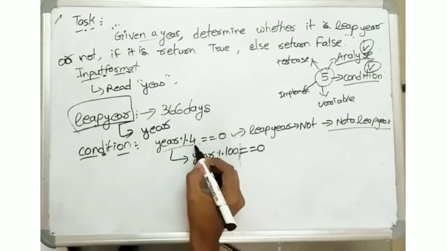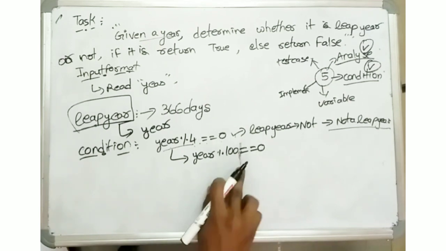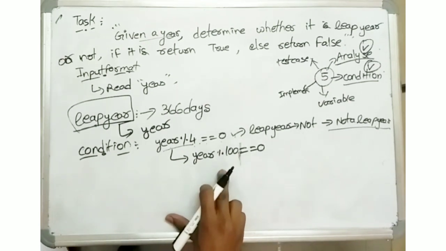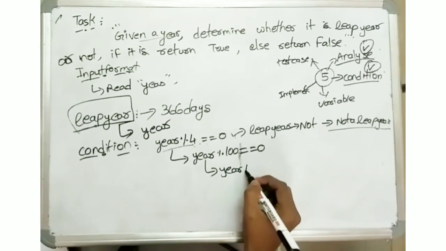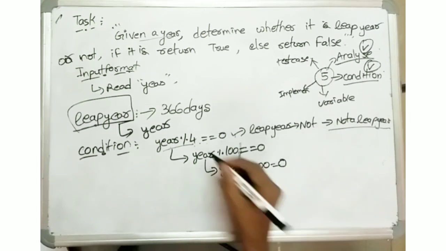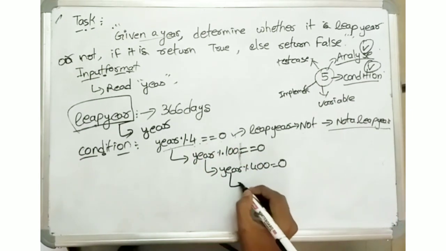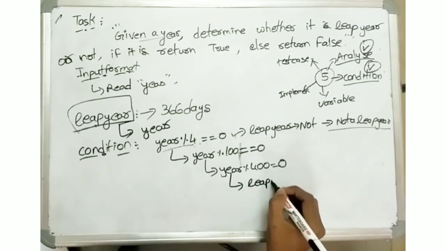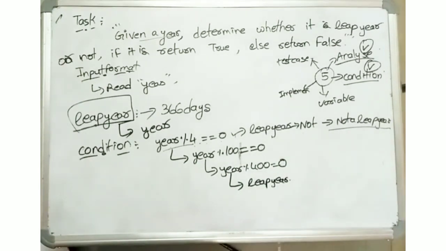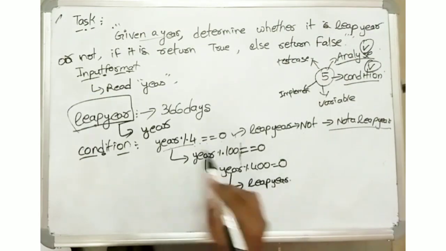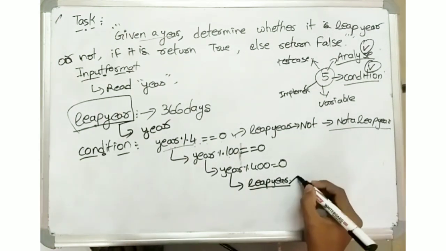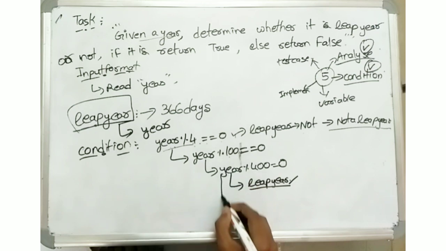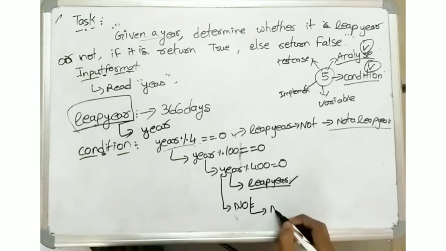If the year is divisible by 4, we need to check whether it is divisible by 100 or not. If it is divisible by 4, again it needs to be divisible by 400 also. If these three conditions are satisfied, then we can say that the given year is a leap year. If this condition is not satisfied, then we can say it is not a leap year.